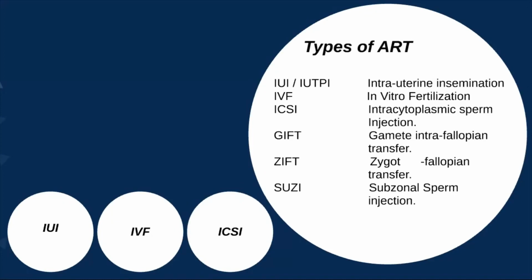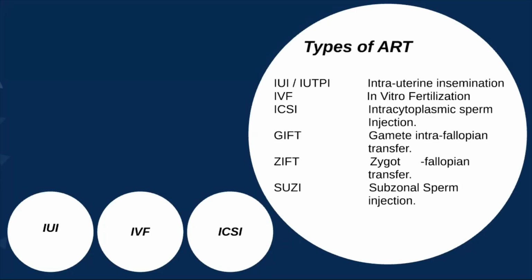ICSI is intracytoplasmic sperm injection. It is the same as IVF, but this technique is used where there is very severe oligospermia or azoospermia. In case of azoospermia, we try to go for testicular biopsy and try to find sperms from the biopsy specimen.